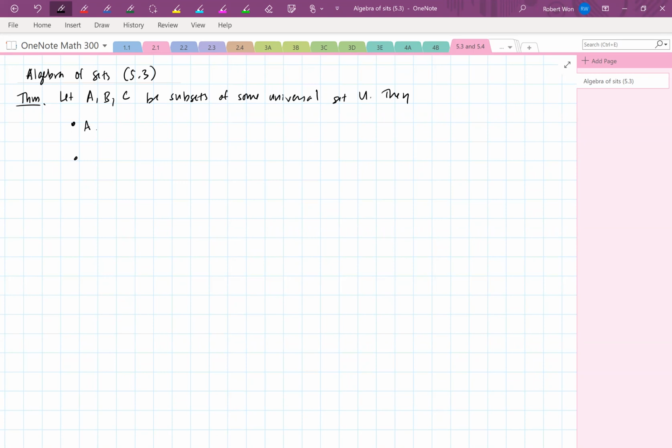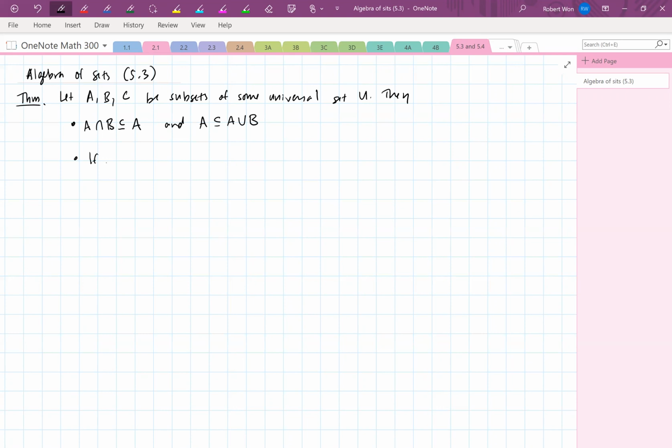One is that A intersect B is a subset of A, and A intersect B is a subset of B. This just says that if you intersect a set with another set, the result can only get smaller. Sorry, this is not actually the second thing. Of course, it holds for B too, by symmetry. What I meant to say is that A is a subset of A union B. So also, if you union a set with another set, it can only get bigger.